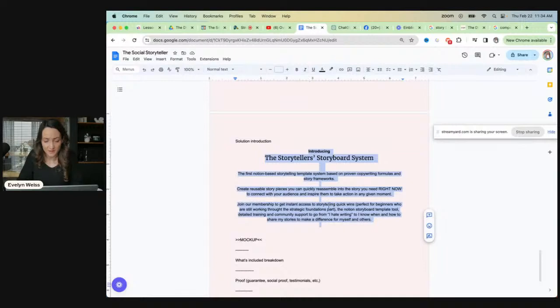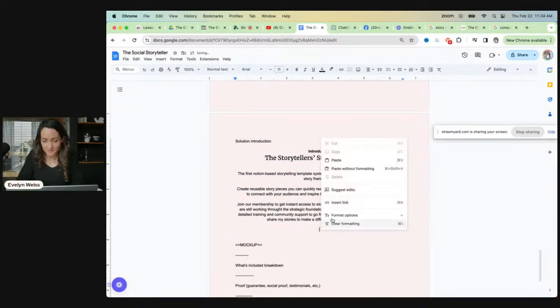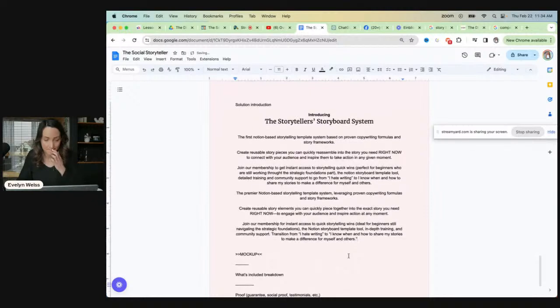Okay, let me see if it did it again. The first Notion leveraging. I like leveraging, but it's a little bit.